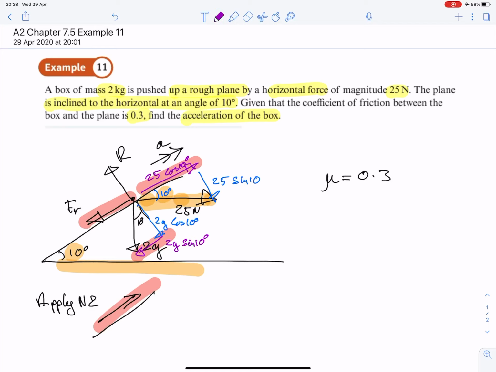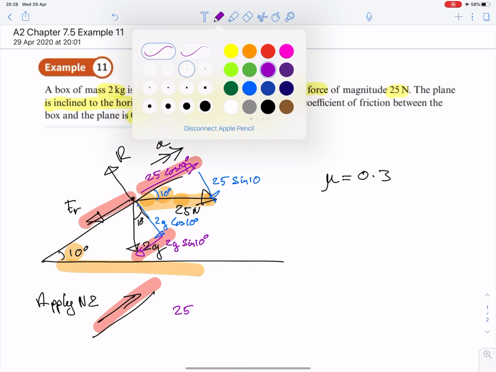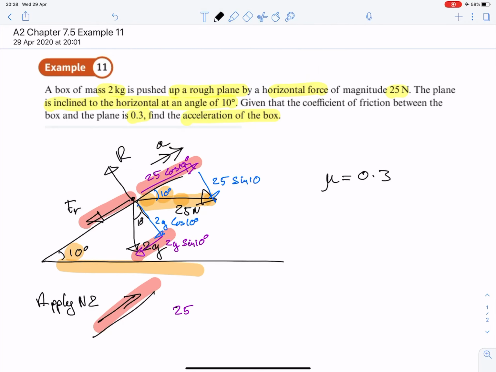We're taking up the plane as positive. So we've got 25 cos of 10 degrees minus 2g sine of 10 minus the friction is equal to the mass times the acceleration.